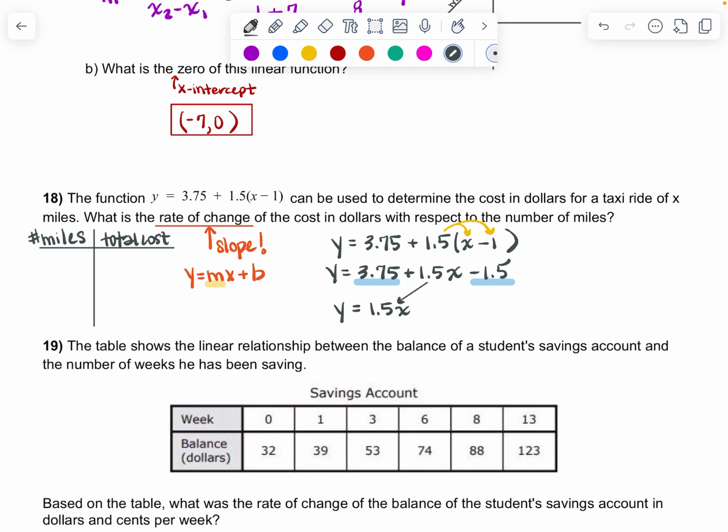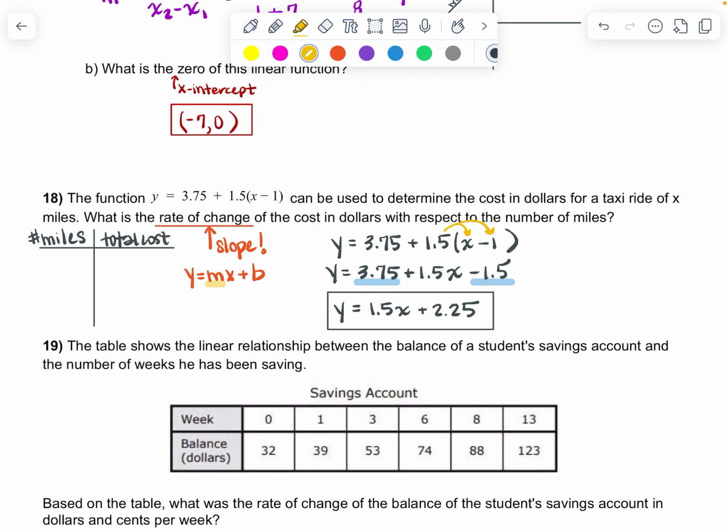Because I like the mx plus b, so I like that first. And then, of course, 3.75 minus 1.5 is going to give me plus 2.25. All right, so this is my linear equation, right, in y equals mx plus b form.